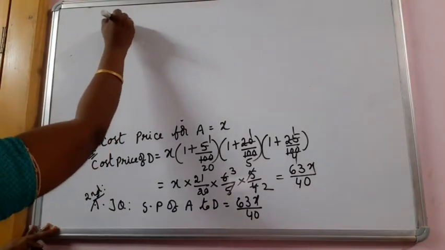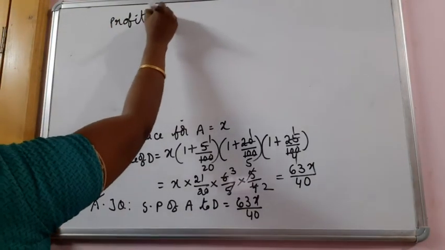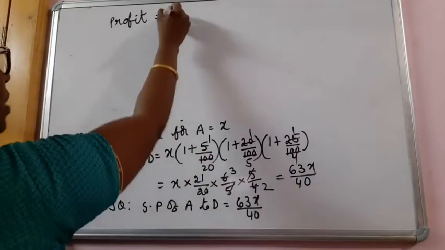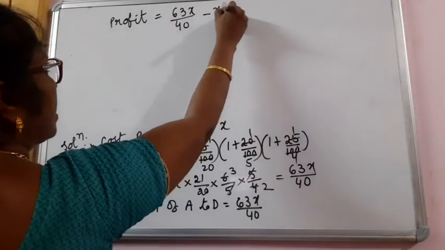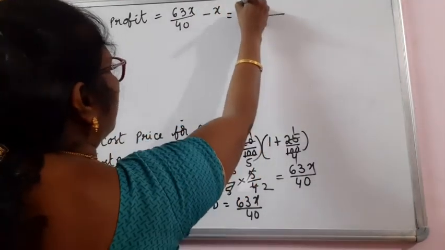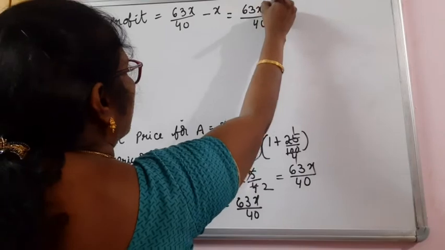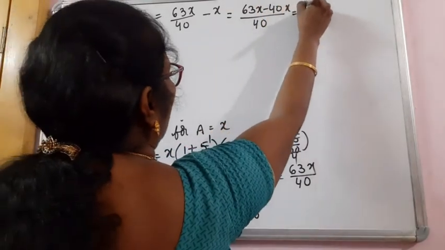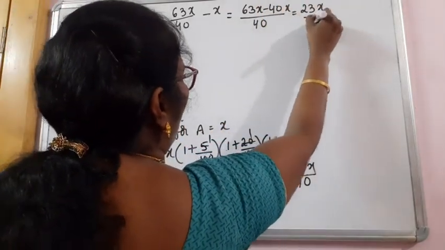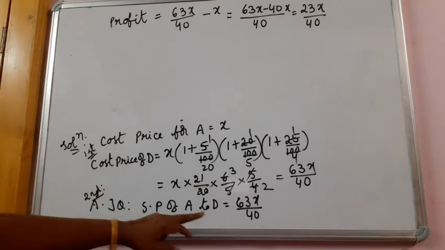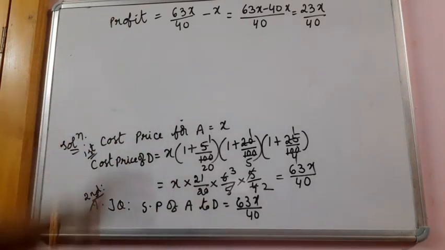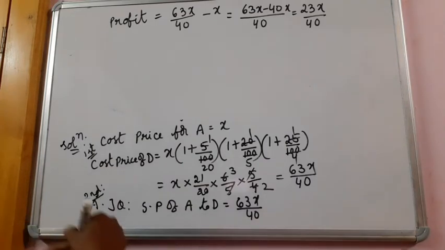So profit for A is actually 63X by 40, the selling price, minus X. 40 is the LCM. 63X minus 40X gives you 23X by 40 is the profit. If A sells to D directly at this price, what is A's profit percent we have to find.